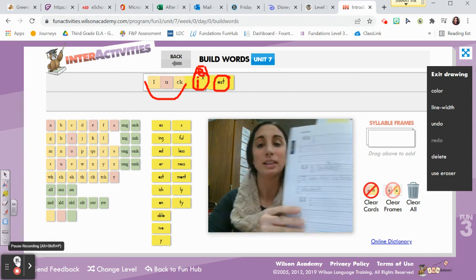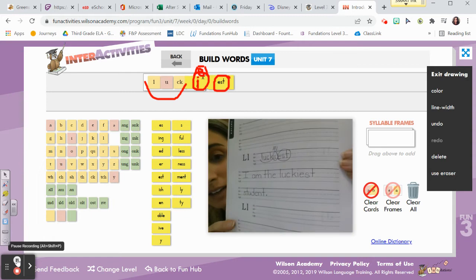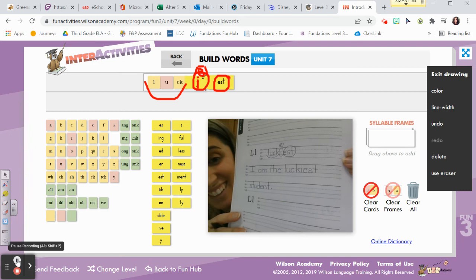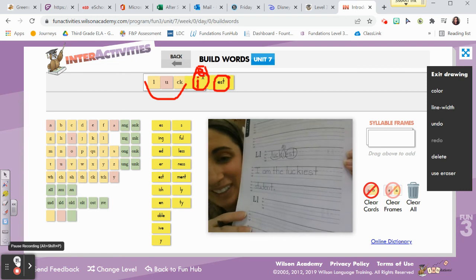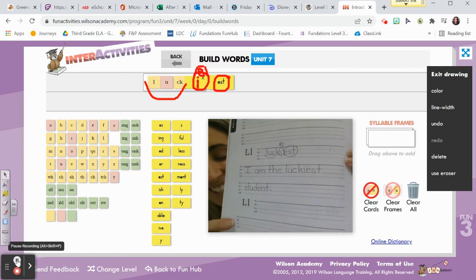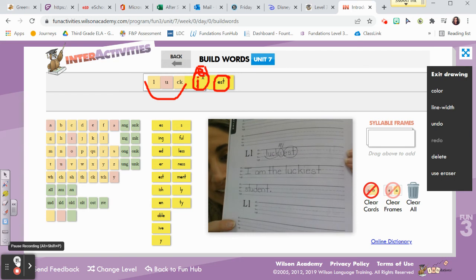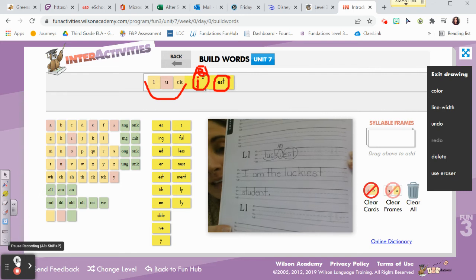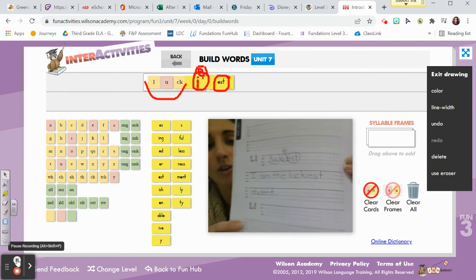I am the luckiest student. You do have me for a teacher, right? That's why. I am the luckiest student. Check your spelling with student. Check that you put punctuation at the end, and then let's go ahead and scoop.